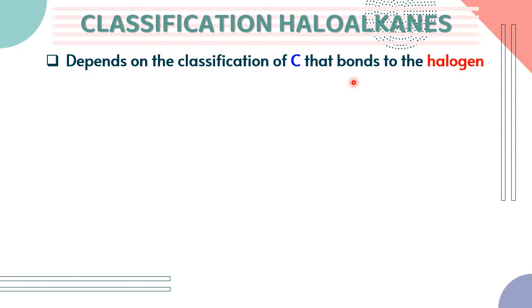If it's bonded to one carbon, it's a primary carbon; bonded to two, secondary; bonded to three carbons, tertiary carbon. It's just that for haloalkanes, we need to identify first which carbon is bonded to the halogen, because that is the particular carbon we are going to classify.